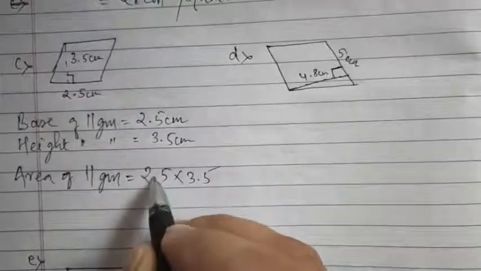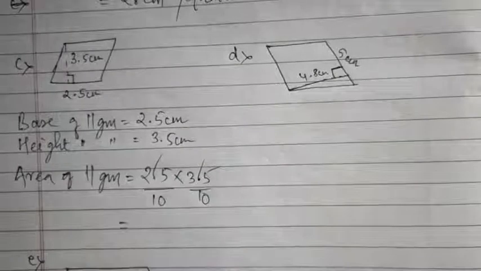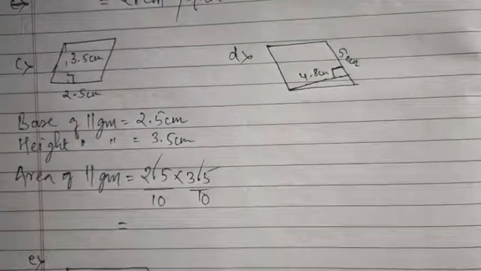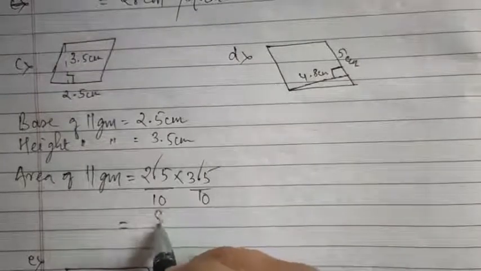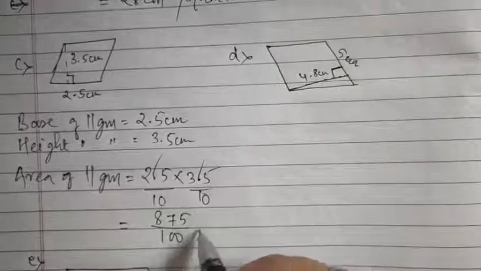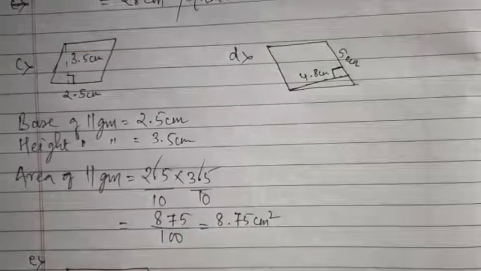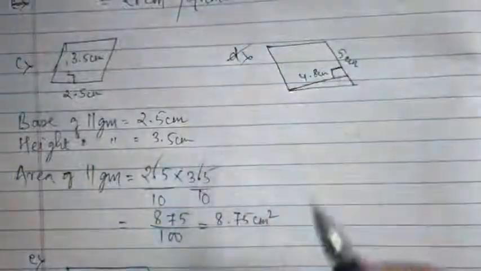So multiply, divided by 10, divided by 10. Now 25 into 35 is 875. 875 divided by 100 will be equal to 8.75 centimeter square. Alright, easy one, right?